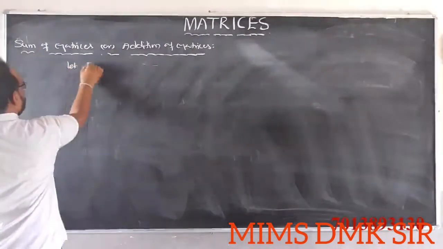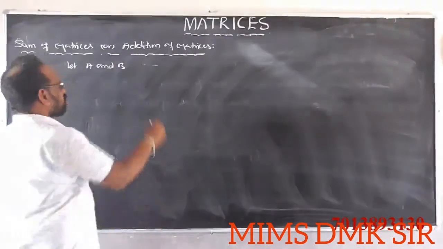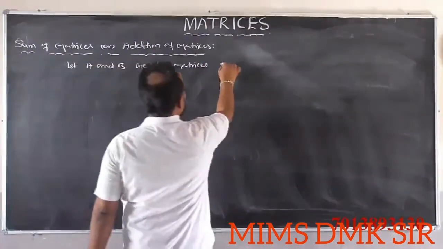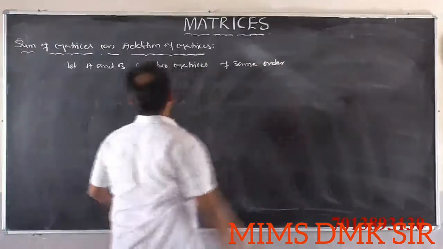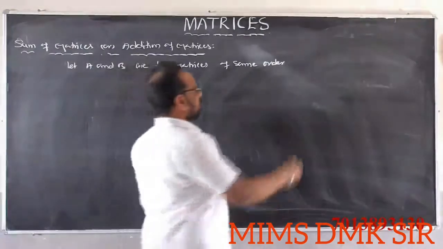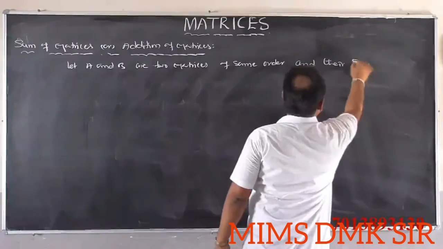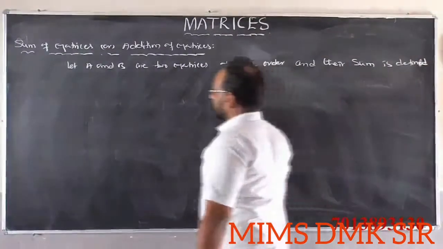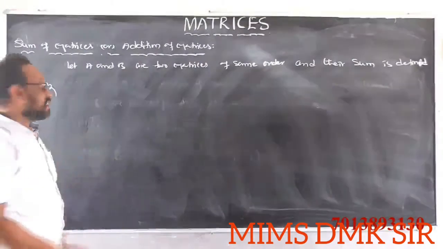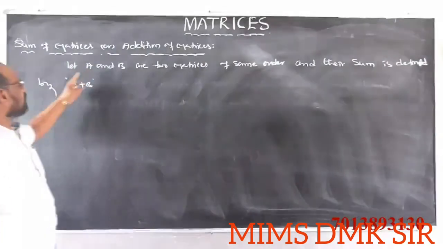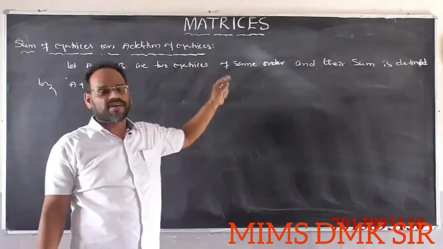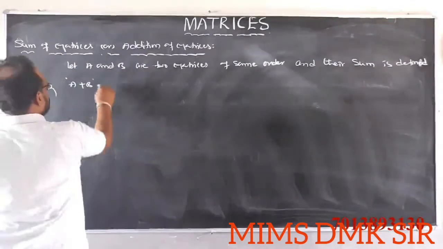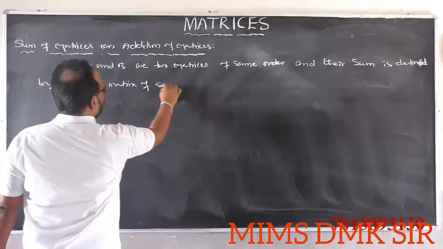Now let A and B be two matrices of the same order, and their sum is defined by A plus B. Order must be equal.